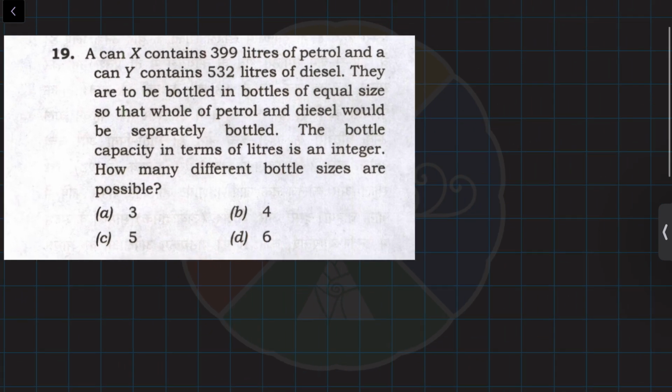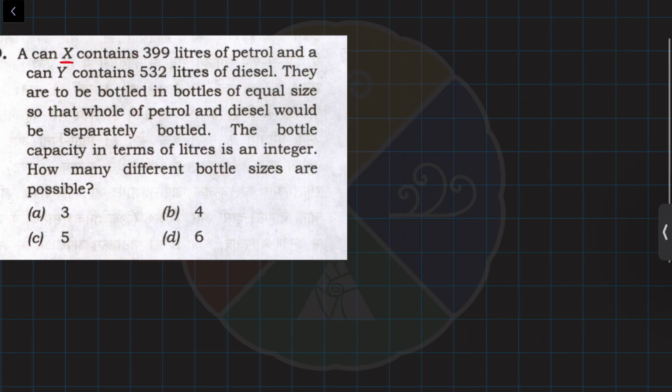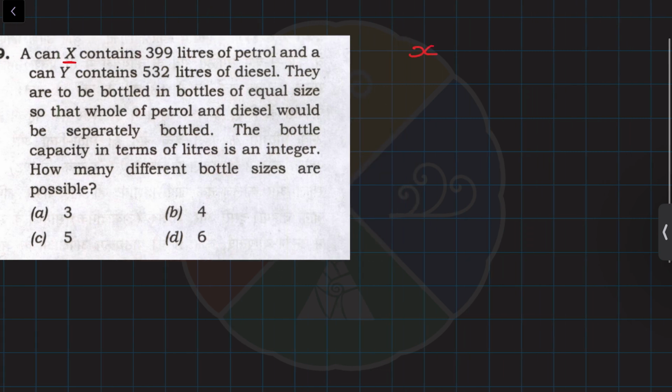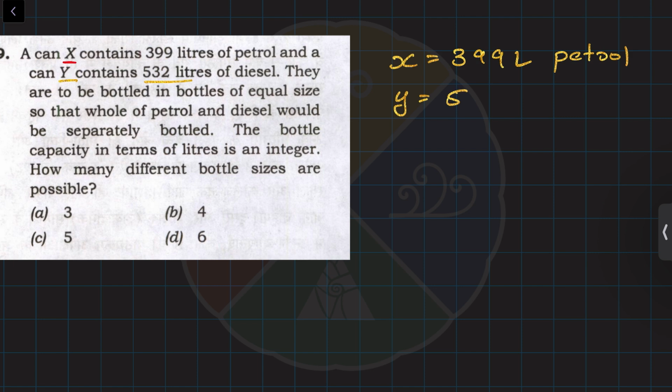So let's see. There is a can X containing 399 liters of petrol, and Y contains 532 liters of diesel.